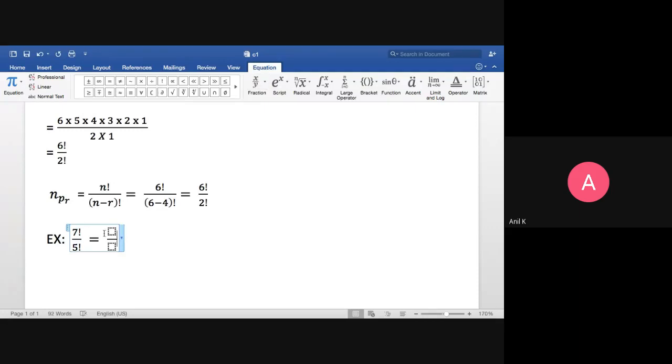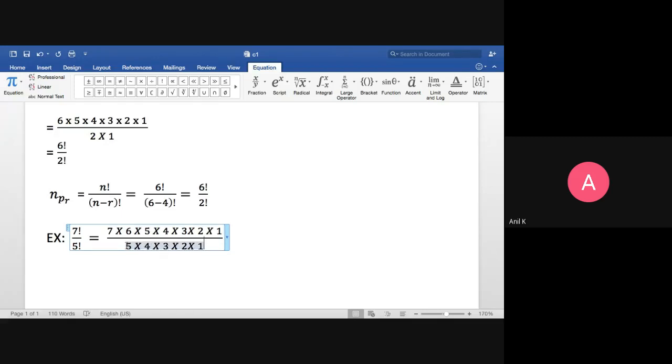First, 7 factorial formula is 7 into 6 into 5 into 4 into 3 into 2 into 1. Then 5 factorial formula is 5 into 4 into 3 multiply 2 multiply 1.